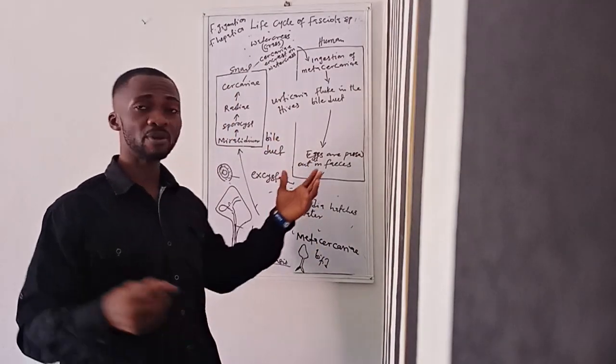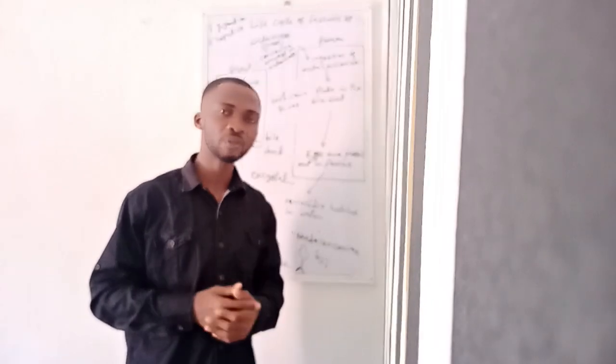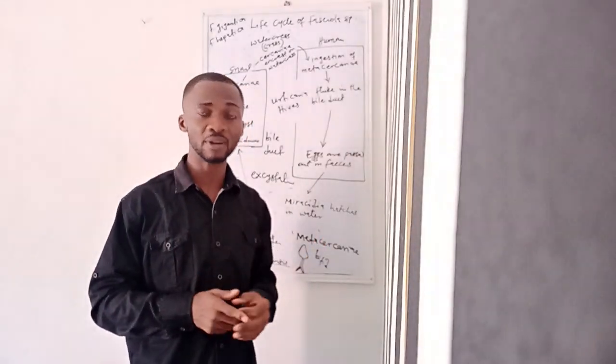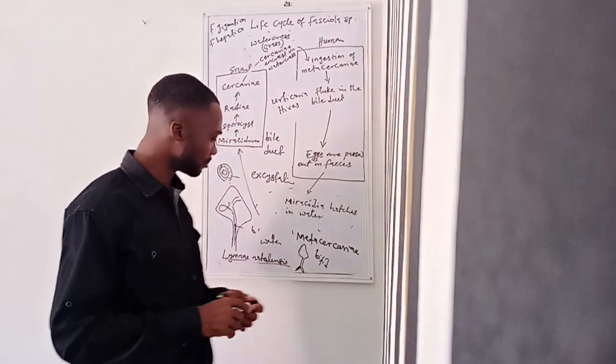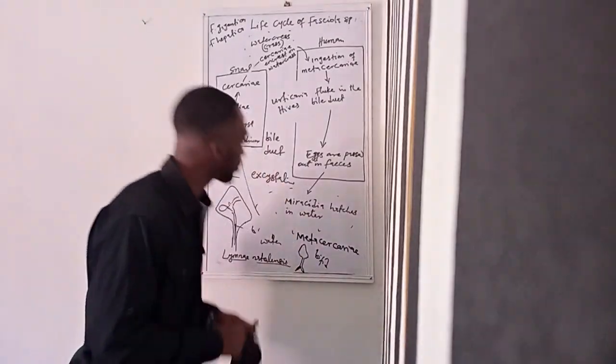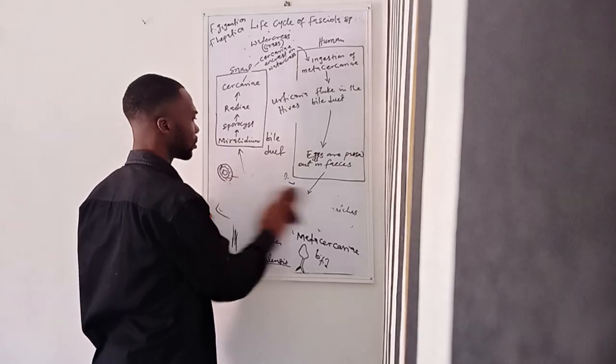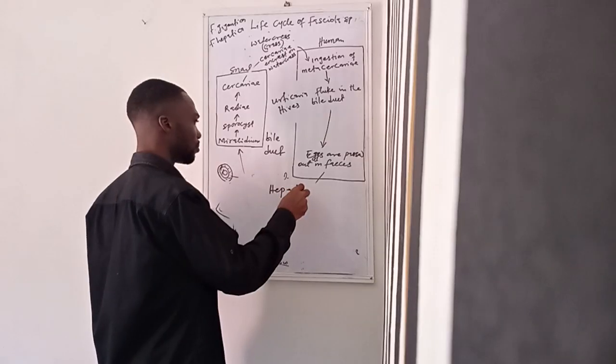Then the person may, of course, have slight fever or inflammation of the liver, and the spleen and the liver can be inflamed together. The enlargement of the liver is called hepatomegaly.